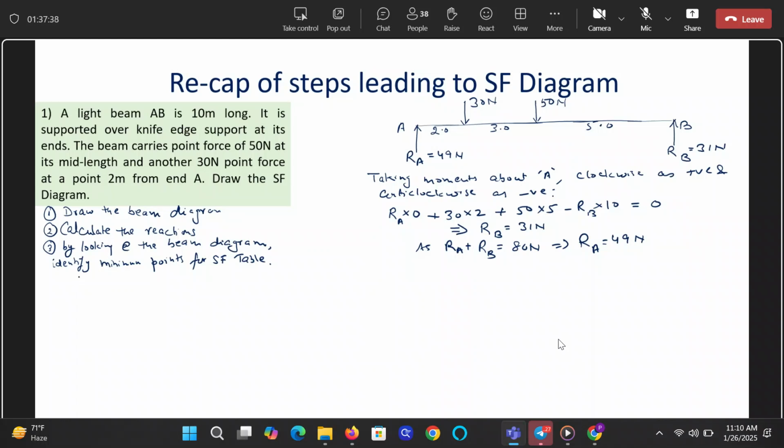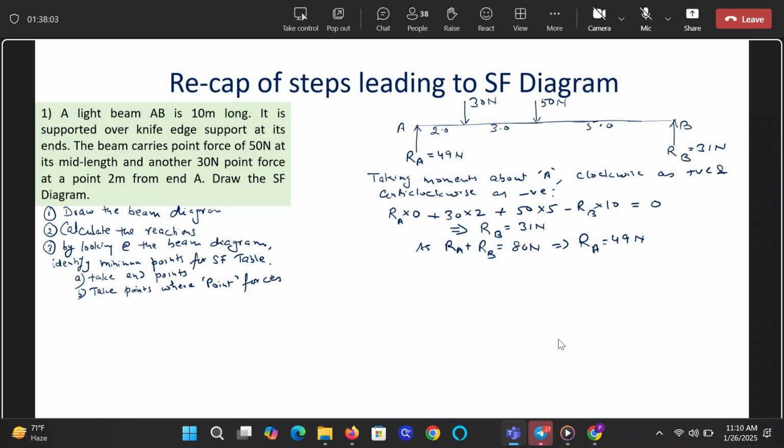Your first criteria is take endpoints. Second, take points where point forces act.